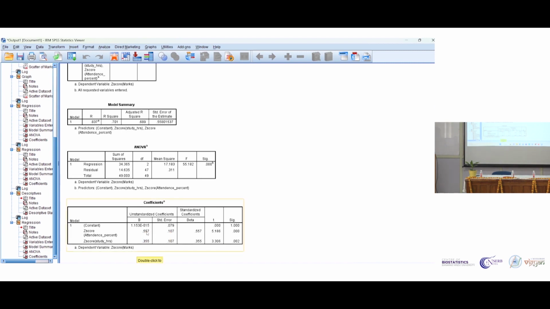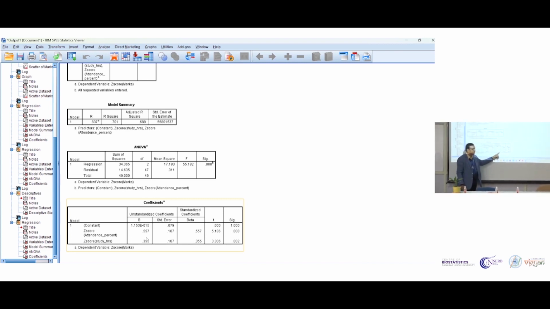And this is the beta coefficient. It is now independent of percent as well as hours. Now you can compare which one is more. Which one is affecting more? Attendance. And now see, this value is same as this value.